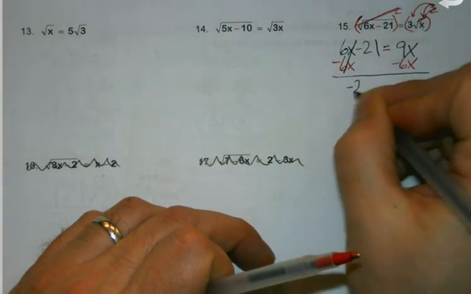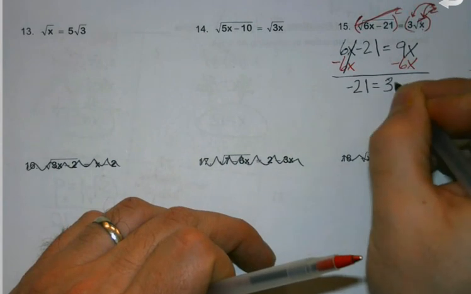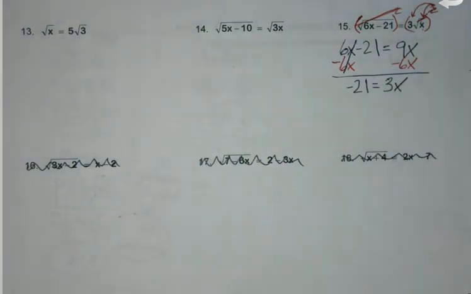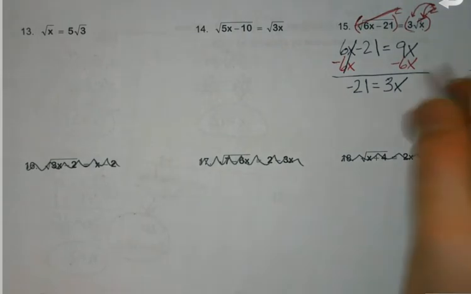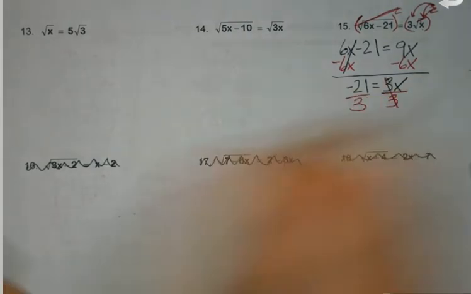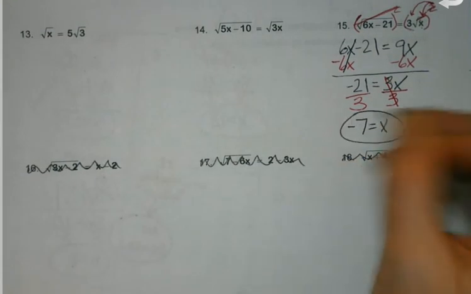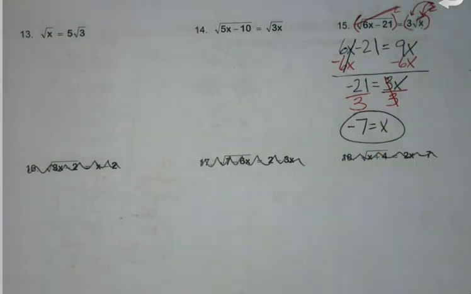So now I've got the plain number, my constant on one side, and my x terms by themselves on the other, which is a good plan for us to have. And then my last step is just to divide by 3. And that covers every crazy, whacked out thing that we could end up having to deal with here, I believe. I think we've got it covered.